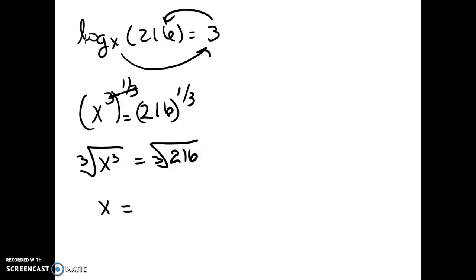When I take the cube root of 216, it will give me 6. And the reason is, if I break this down a little bit further, if you take 216 and start trying to divide it by, say, a 2, and then a 3, and then 4 and 5, and you hit 6, well, 36 times 6 is the same thing as 216.